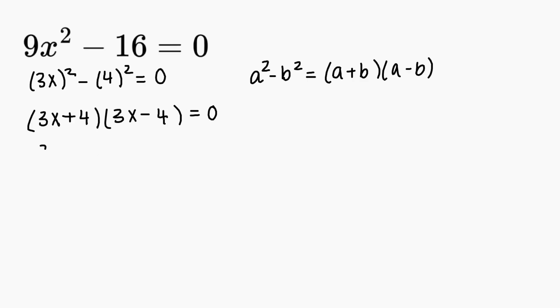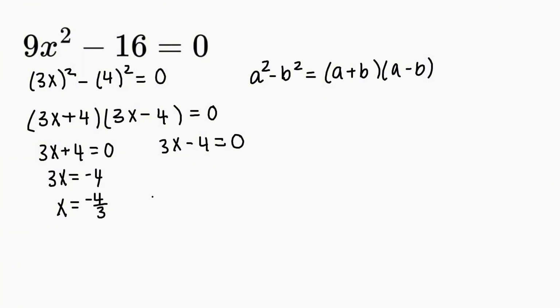So we know that 3x plus 4 equals 0, and 3x minus 4 can also be 0. So this means that x is equal to negative 4/3, or x is equal to 4/3.